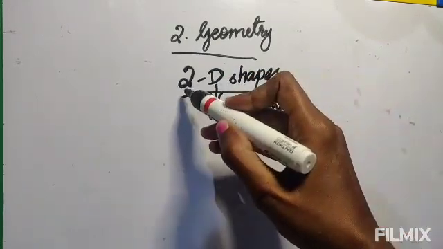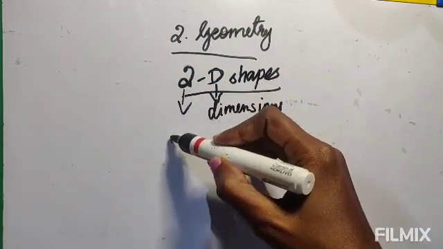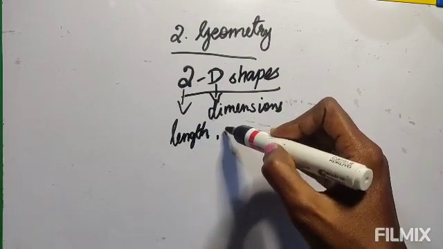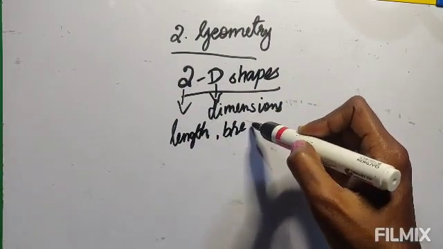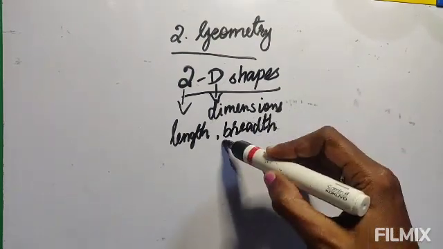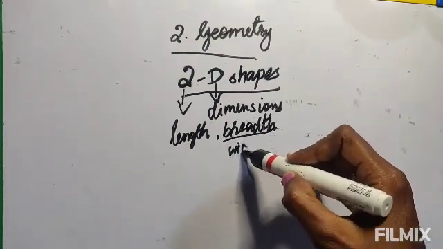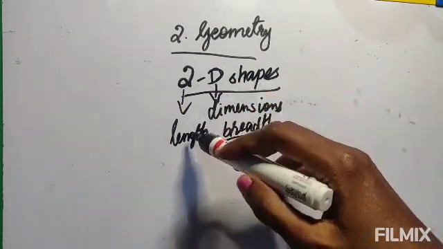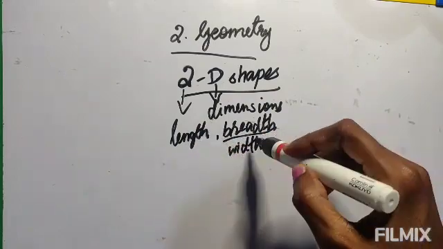What are those 2 dimensions? They are length and breadth. If the shapes have only the length and the breadth, they are called 2D shapes. Breadth can be another word, we can write it as width.